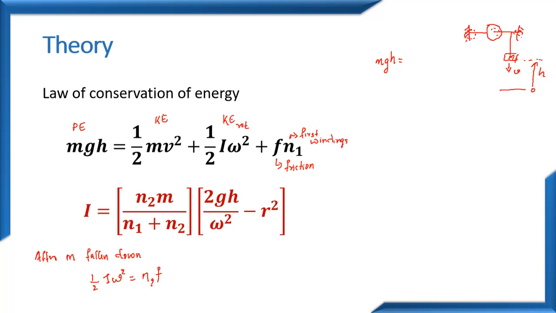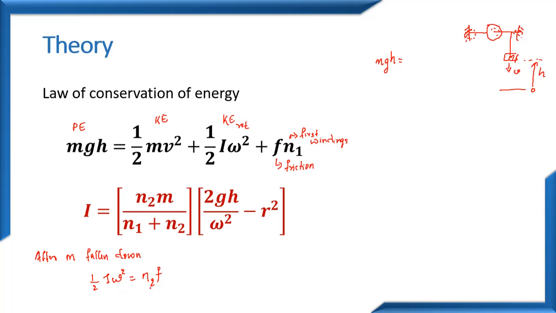Therefore, I can say that the rotational kinetic energy after the mass has fallen down is equal to N2 F, where N2 is the number of times the flywheel has rotated after the mass has fallen down. Here, N1 is the number of times the flywheel was rotated to bring the mass to a height h, and F is the frictional force.